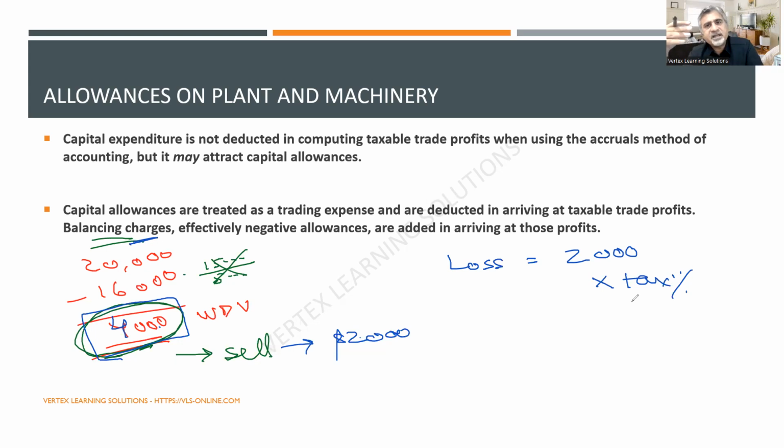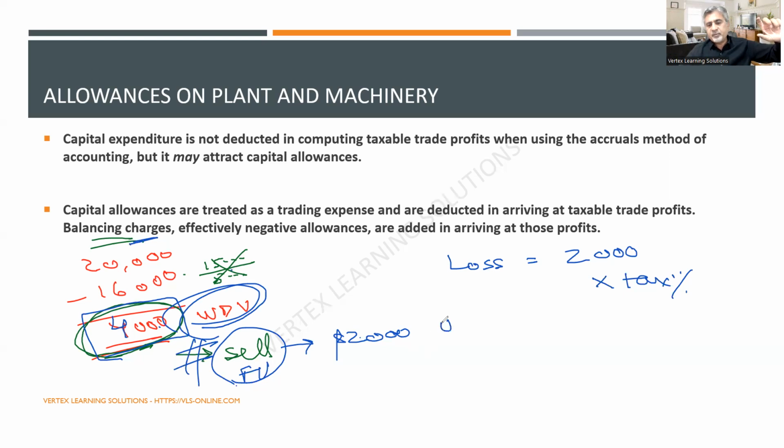Balancing charge, balancing allowance. This only happens when you sell the asset or it has a fair value which is different than the written down value. The written down value is the result of your capital allowances.